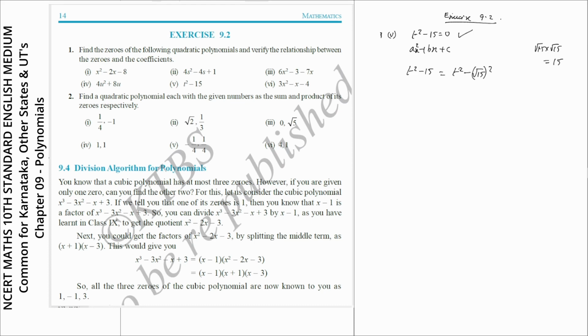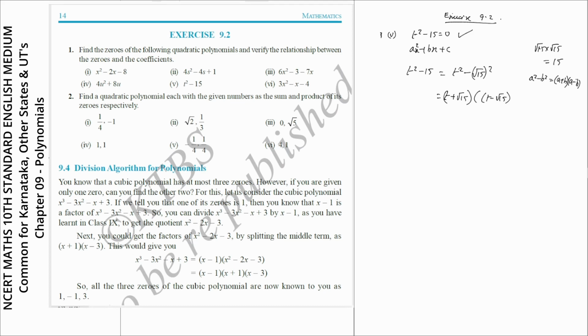So now t square minus square root of 15 the whole square. This is in the form of a square minus b square. So this is equal to a plus b into a minus b. So using that formula I'll expand. This is equal to t plus root of 15 into t minus square root of 15.